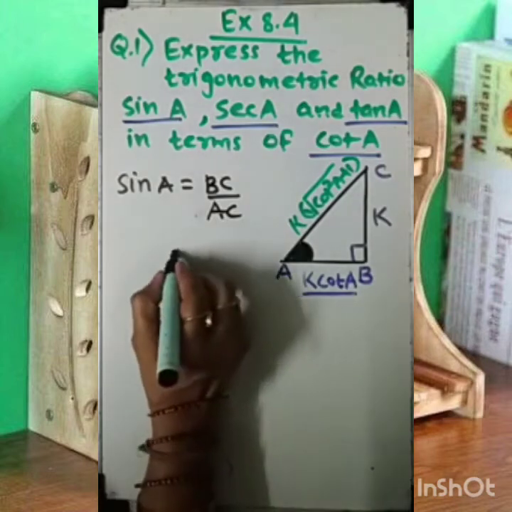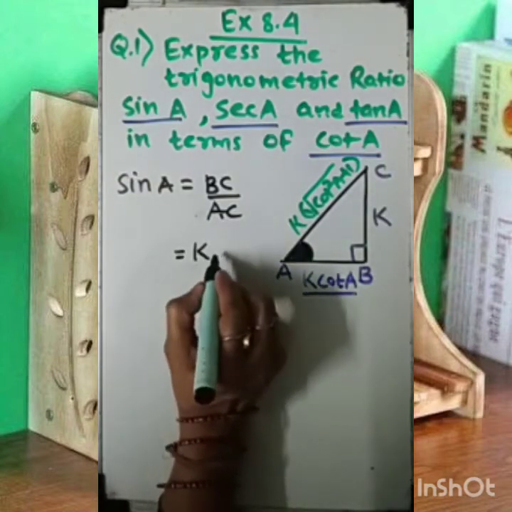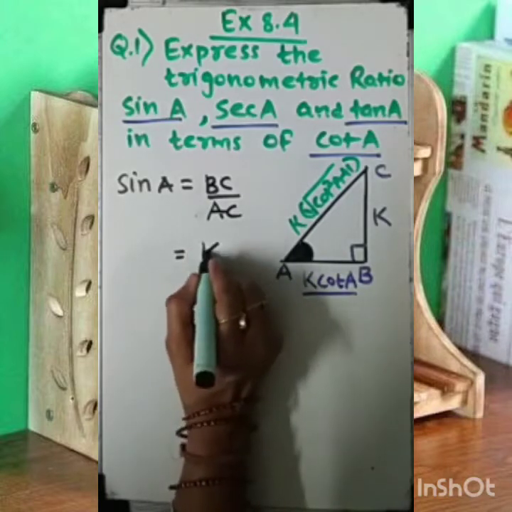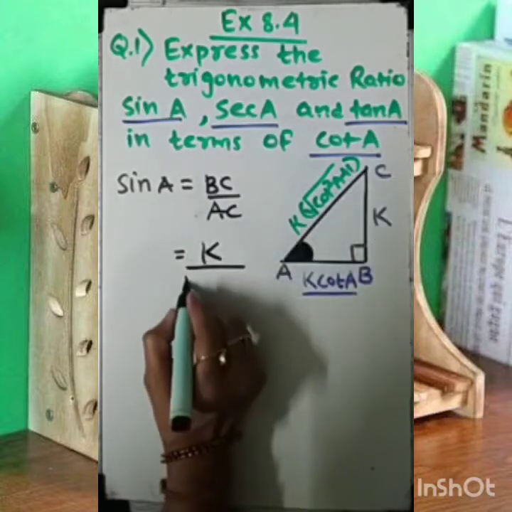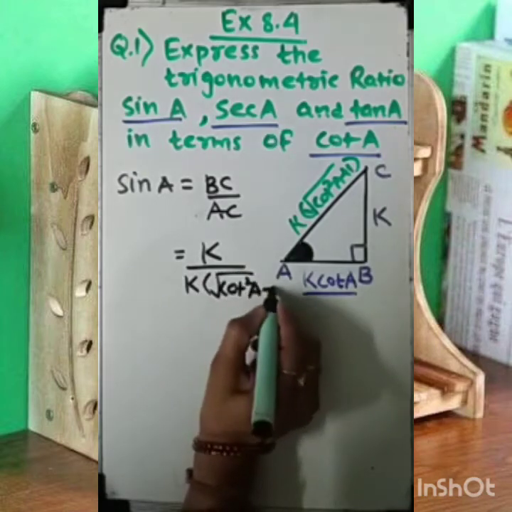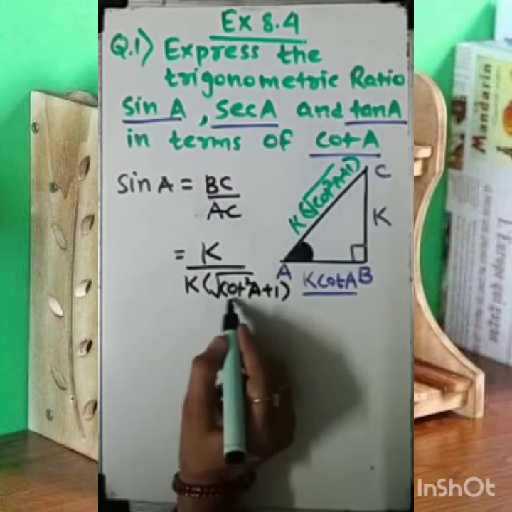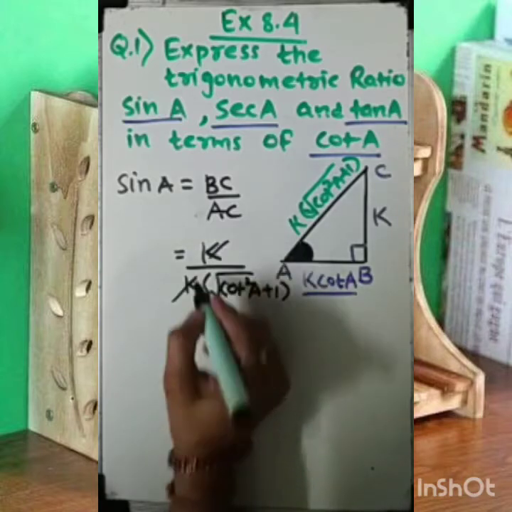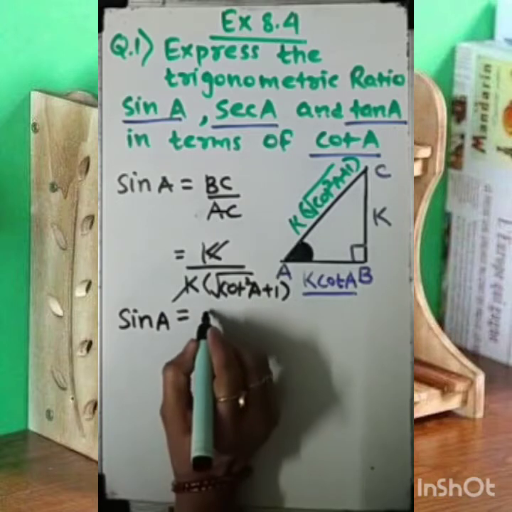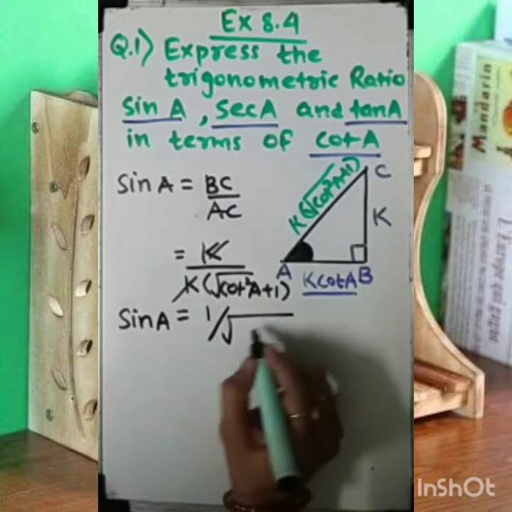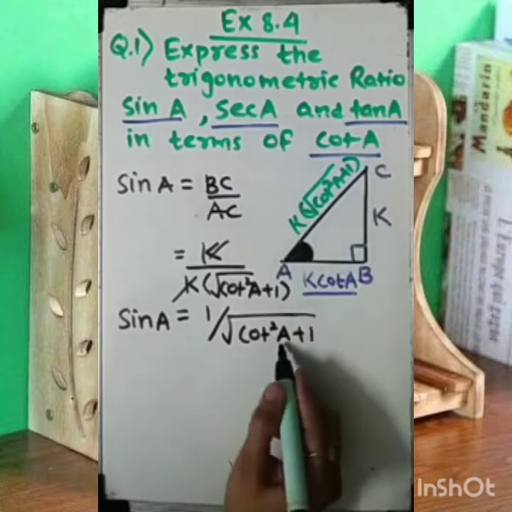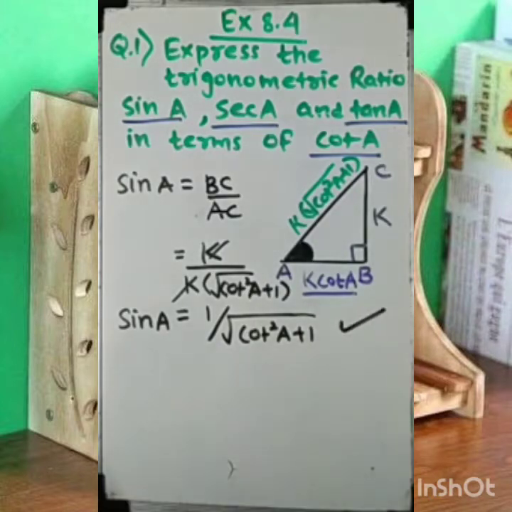So here BC is K only, and upon AC already with us, that is K square root of cot square A plus 1. Okay, this is square root of cot square A plus 1. K cancel. So the value of sine A will be 1 upon under root of cot square A plus 1. This is in the cot form. This is the first solution.